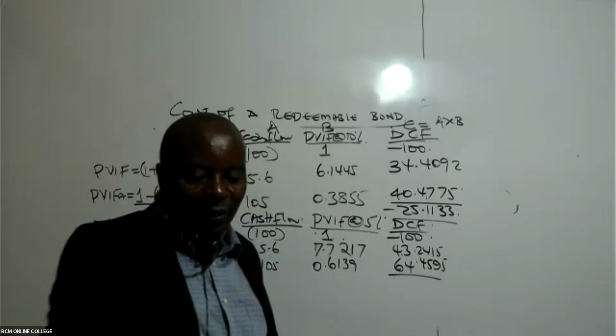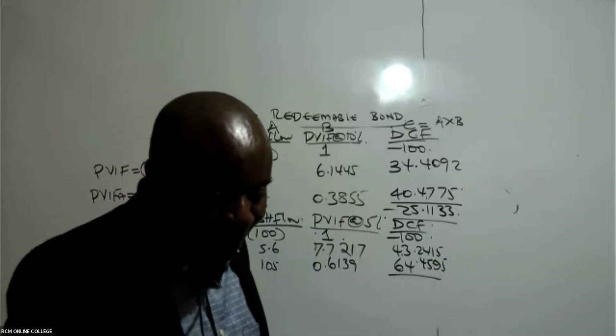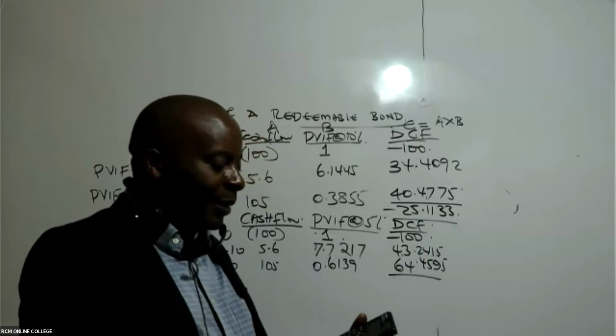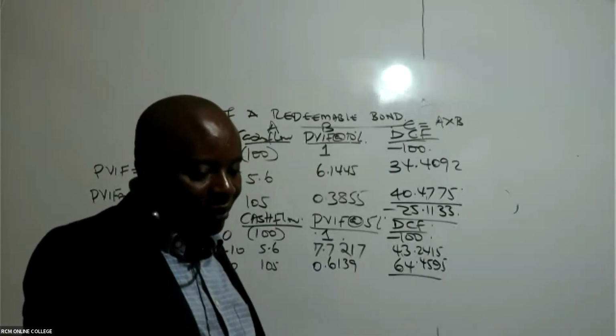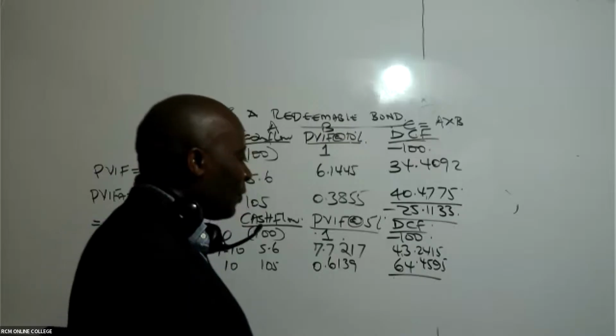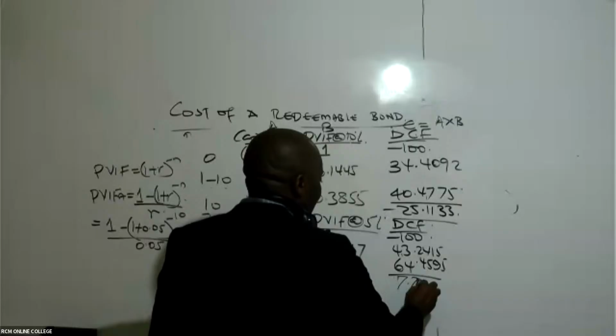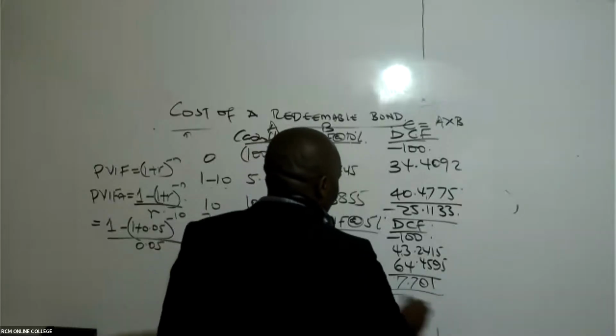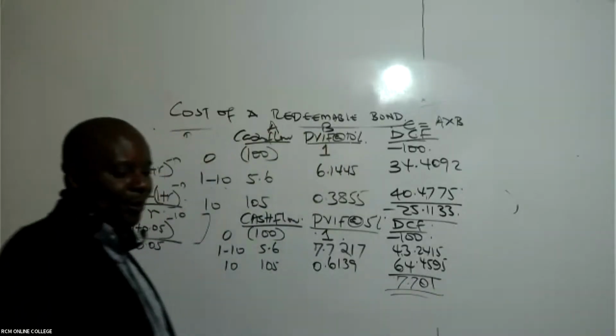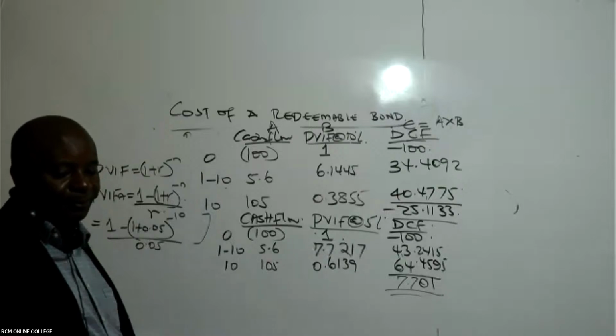What am I getting as my final answer? I'm getting 7.701. So 7.72, I'll be able to accept that one because of rounding off errors.